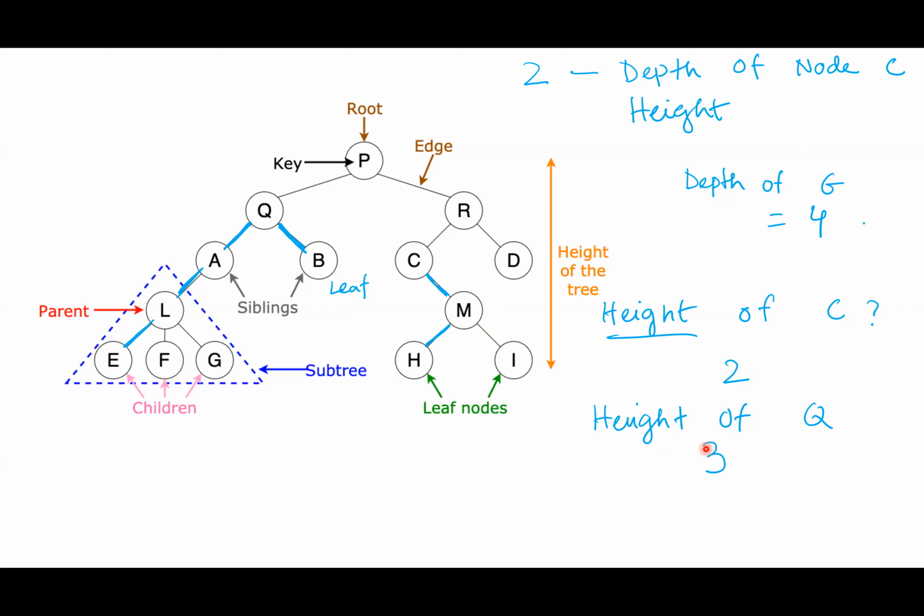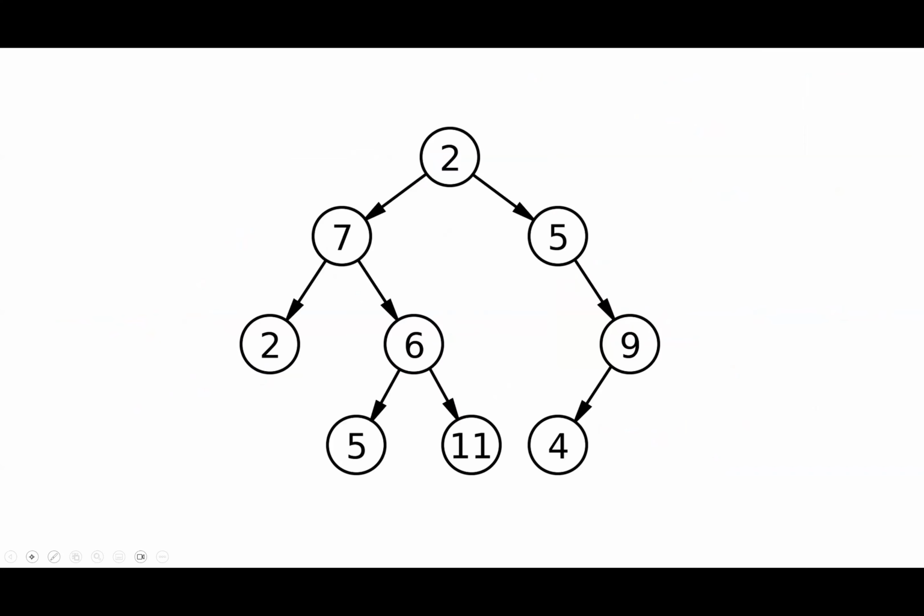These terminologies are going to be important when we discuss trees. In the example here, you see that any node may have any number of children, right? Now let's talk about a specific type of tree where there's a constraint. This is called a binary tree.